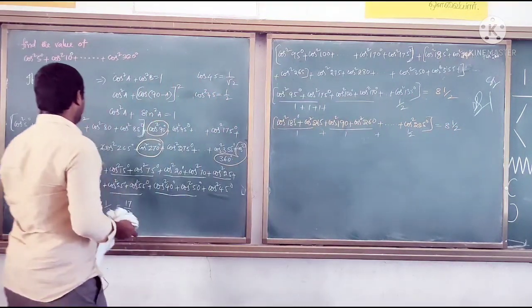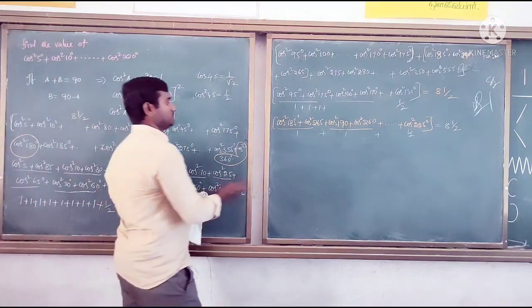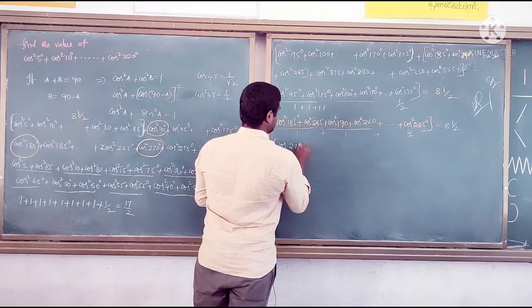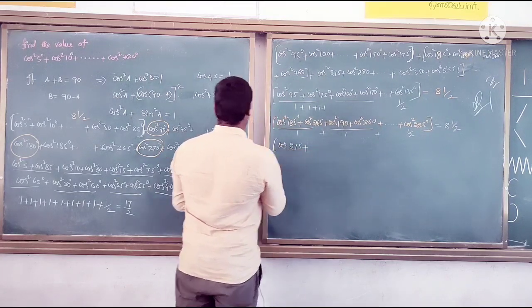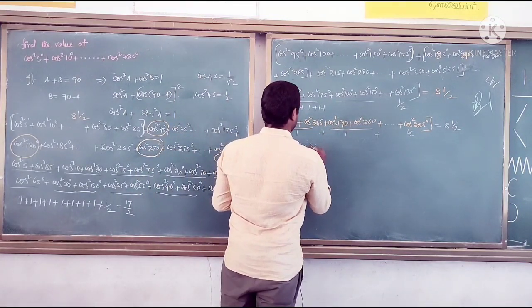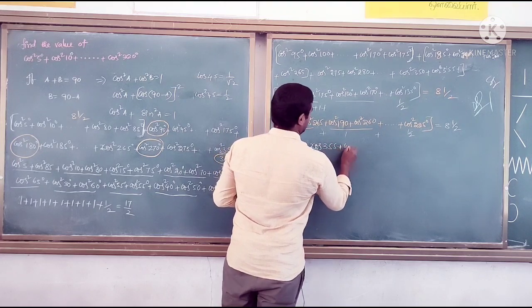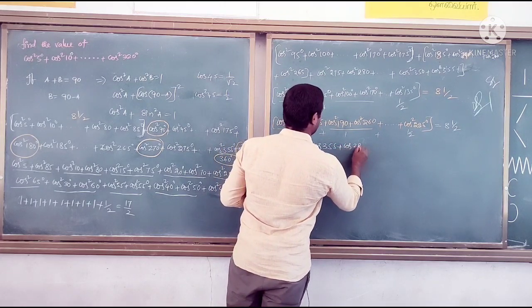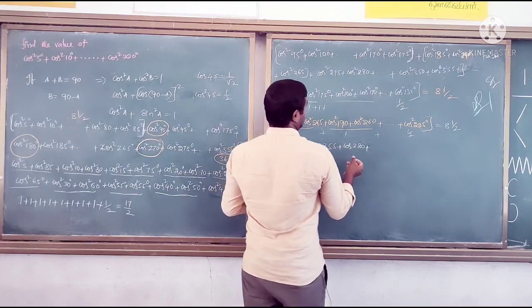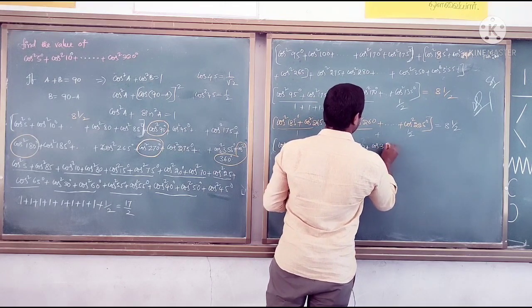Next, what we have here? Next, cos 275 to cos 355, and plus cos 280 and 340, cos 350, cos square 350.